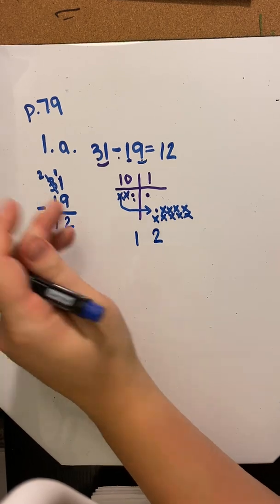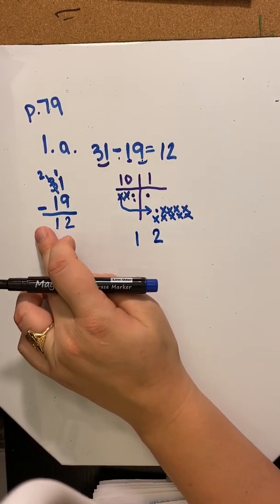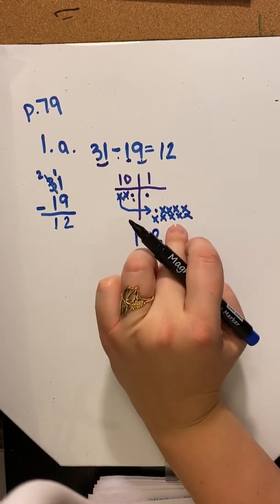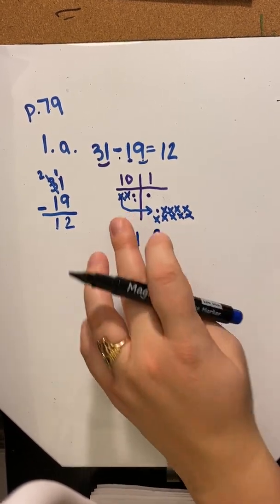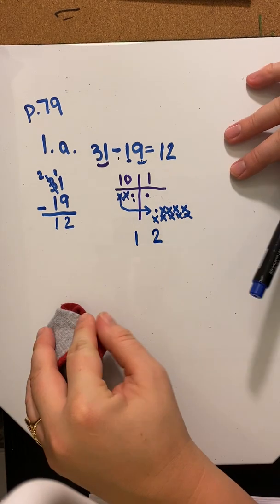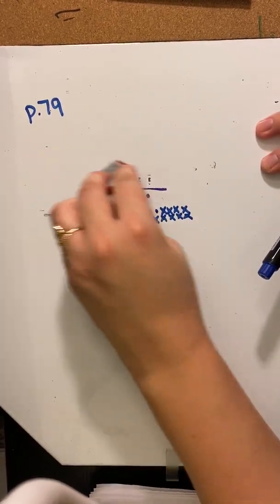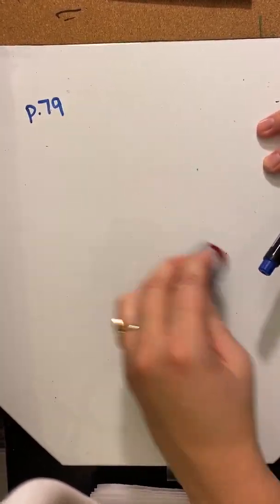Okay, that's how we borrow in the vertical way. I just wanted to show you that, but we are going to concentrate on our visuals to help us through this, because I know that this is a new concept. Okay, so again, that was number 1A. Wonderful.